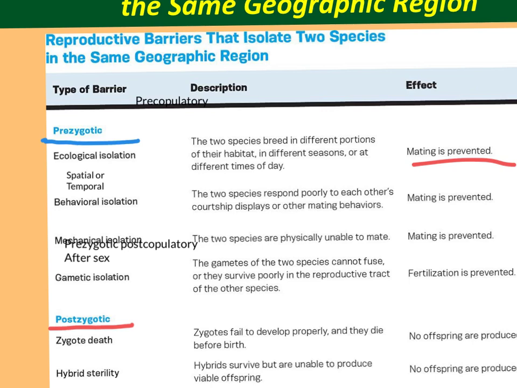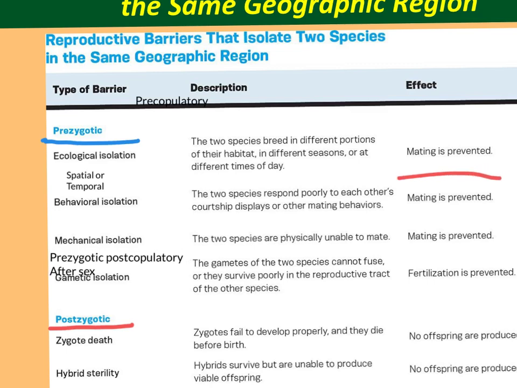And then there's mechanical isolation, where the genitals don't fit. Or, if you remember, between the Great Dane and a Chihuahua, it would make mating difficult, wouldn't it? Even though they're the same species. And then finally, prezygotic, that means before a zygote is made, but post-copulatory, after sex.